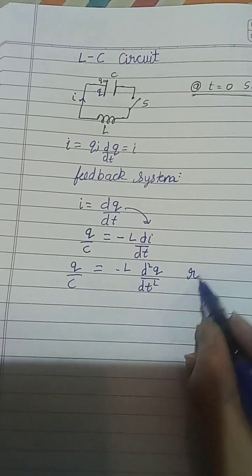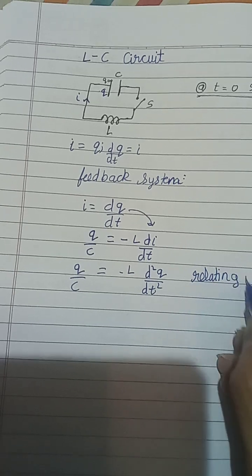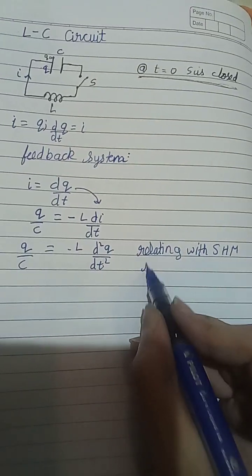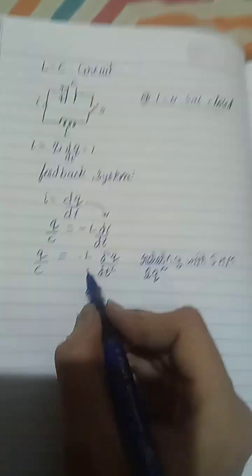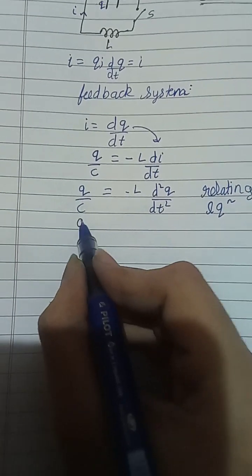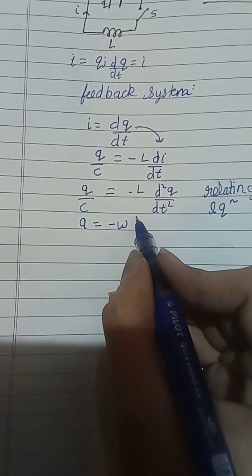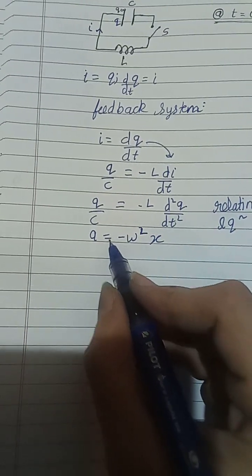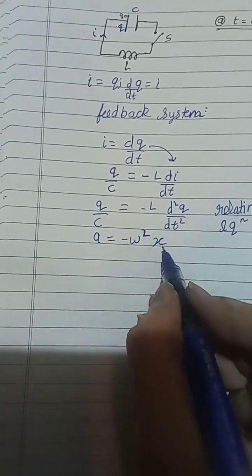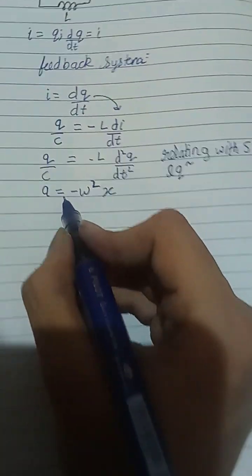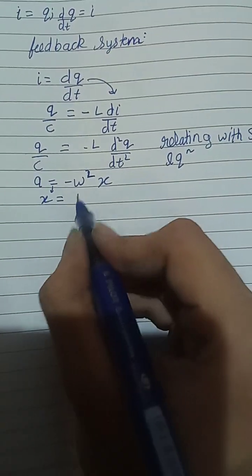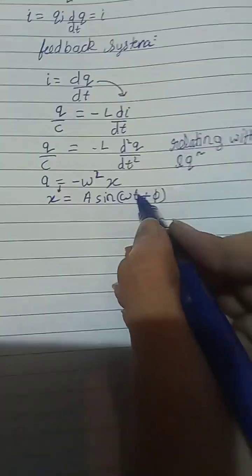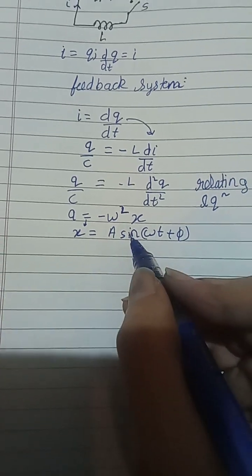Relating with the SHM equation, which says a equals minus omega squared x, its solution is x equals A sine omega t plus phi, and this phi and A are unknown, but we should find them.